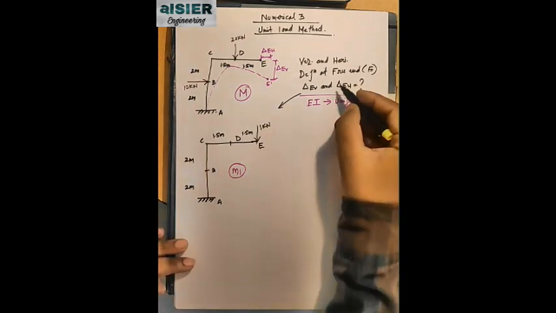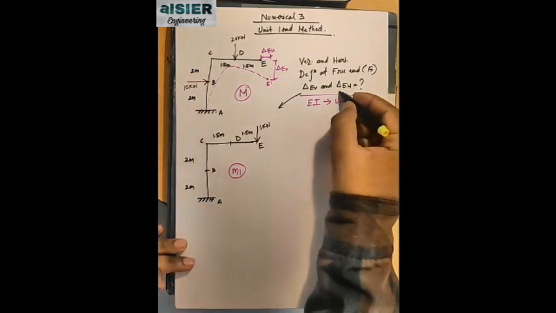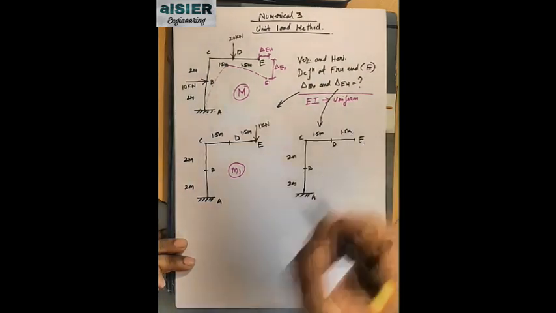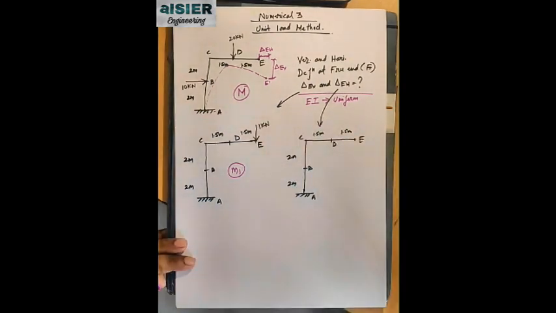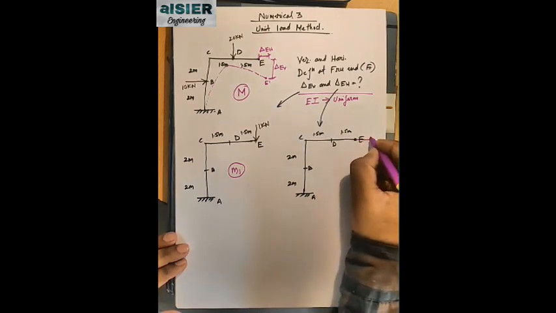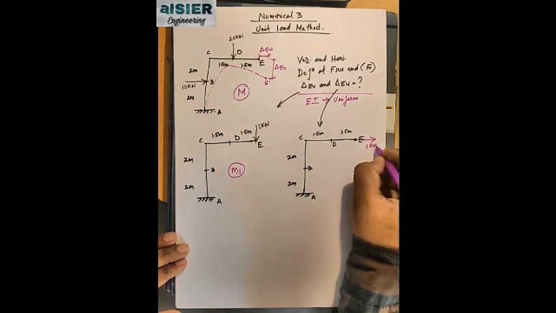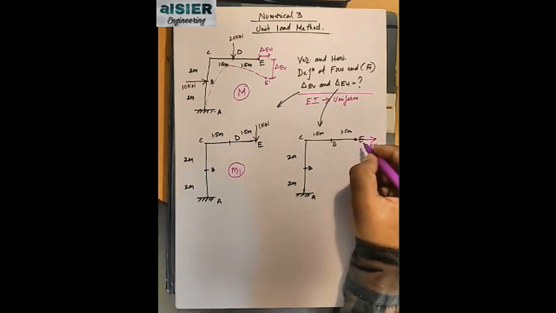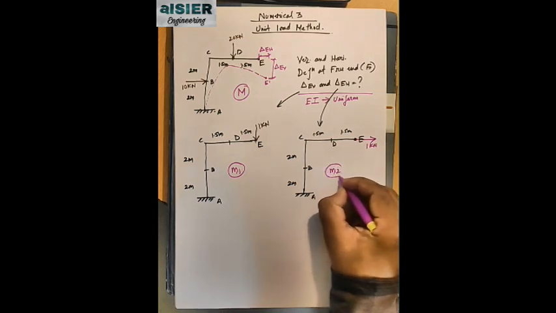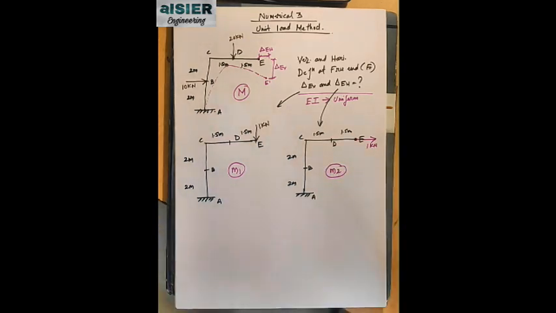Similarly, to calculate this horizontal deflection, we will draw another diagram. Okay, we have removed all the original loadings, and now we are interested to calculate horizontal deflection. There we will apply a horizontal load at this point of 1 kilonewton, means a unit load of 1 kilonewton at point E, and we will name this diagram as M2 diagram.